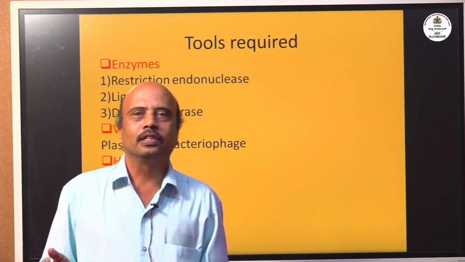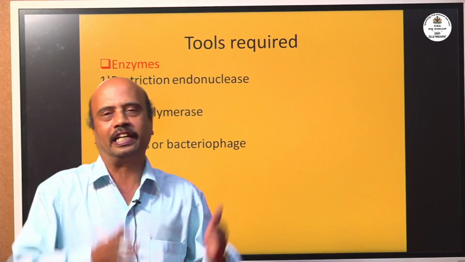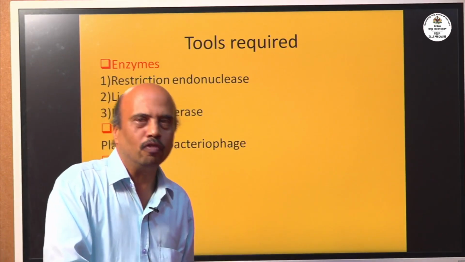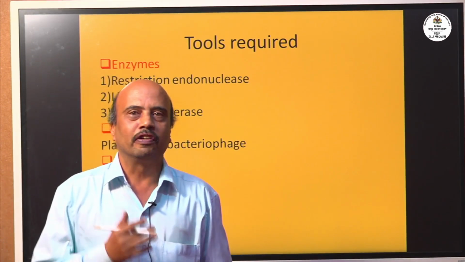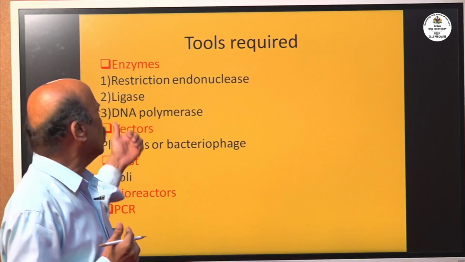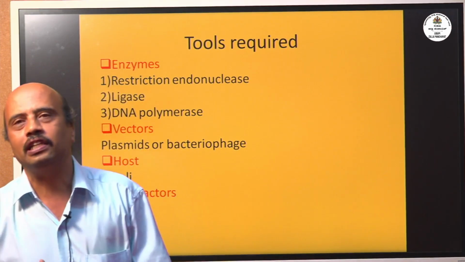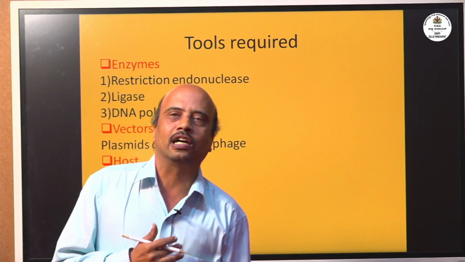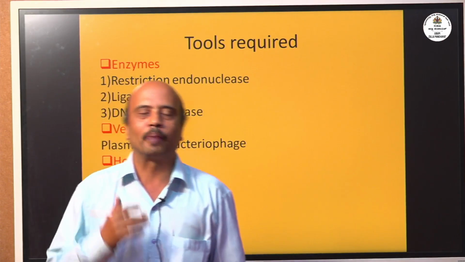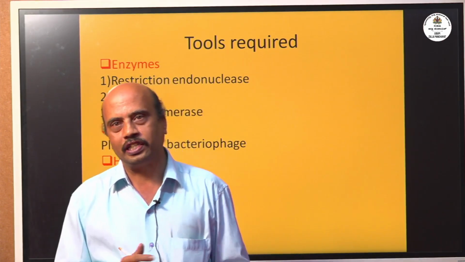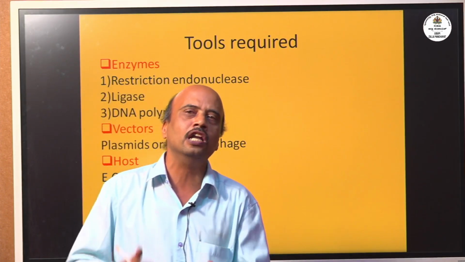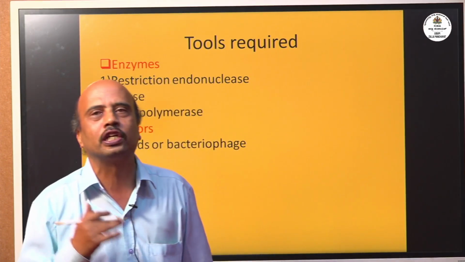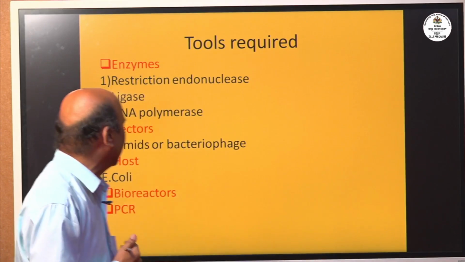Vectors are the DNA molecules that carry a desired gene from a chosen organism to the organism of interest. The most commonly used vectors in rDNA technology are plasmid or bacteriophage. Even cosmids can also be used.